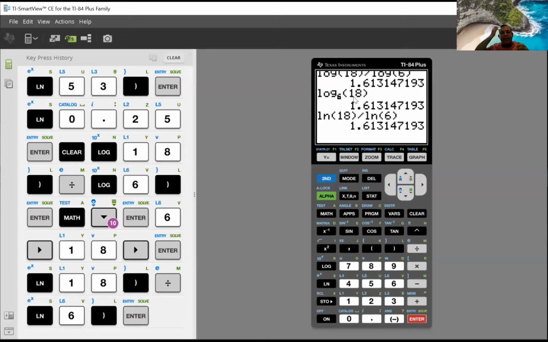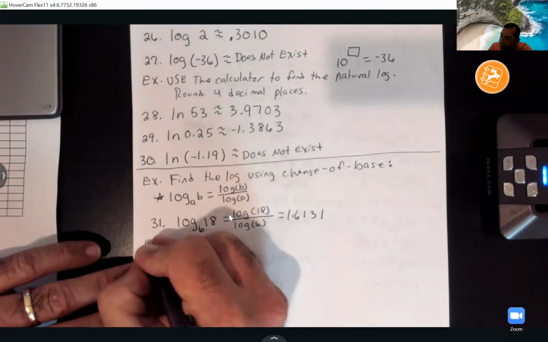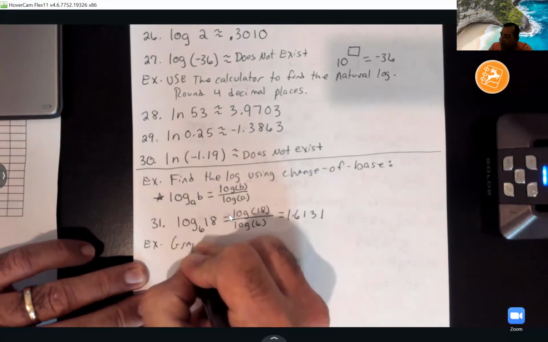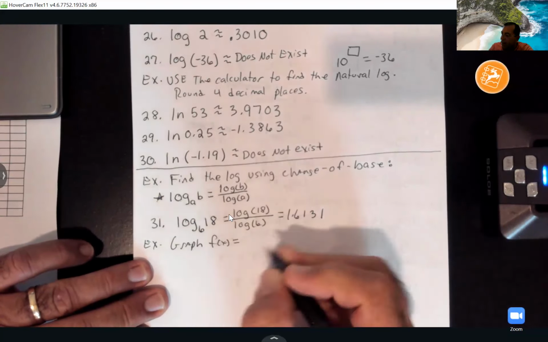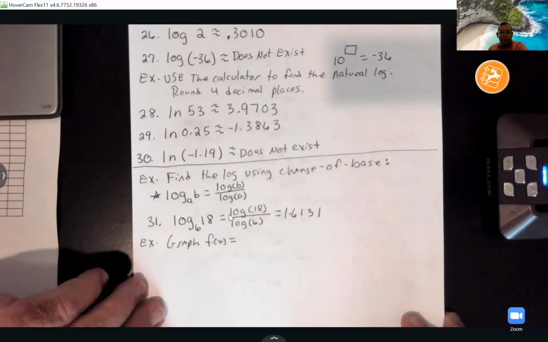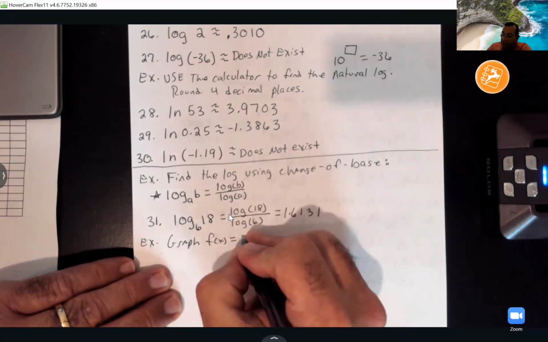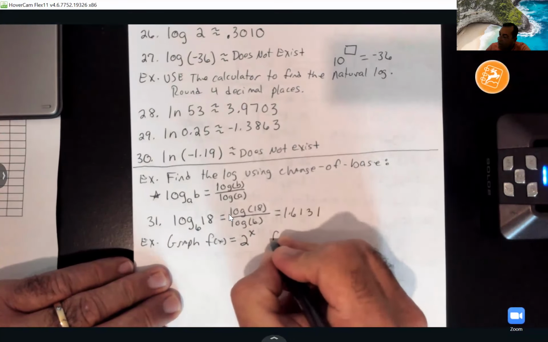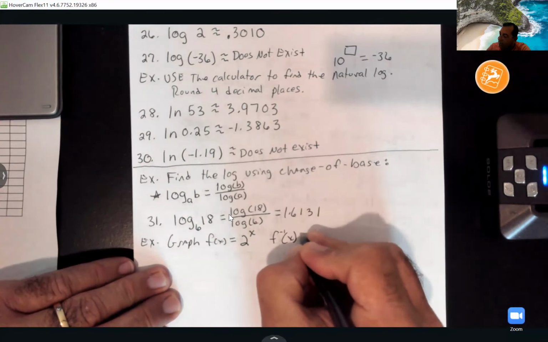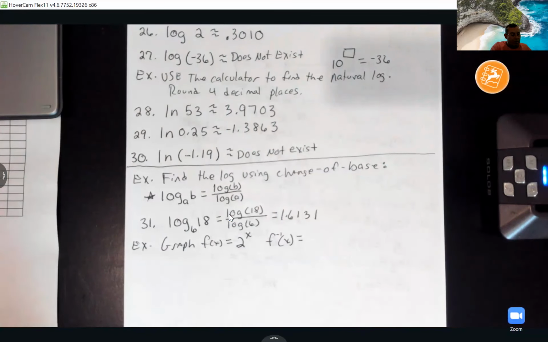All right, y'all, then the last thing they'll do, they'll have you graph just so that y'all can look at the graphs. So the last few problems, they'll say graph f of x equals 2 to the x, and then they'll want us to graph the inverse, which is the log.